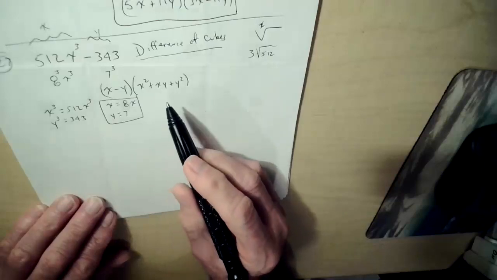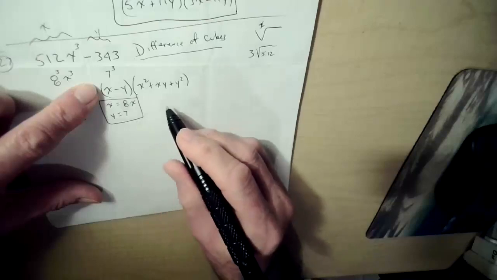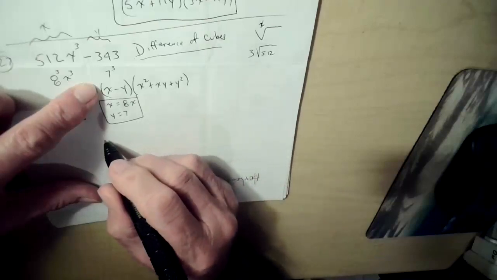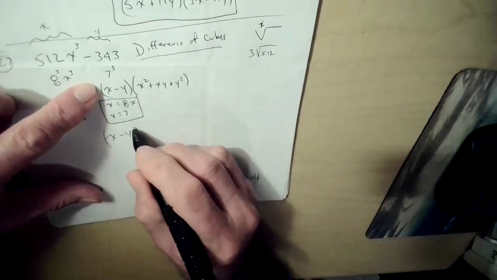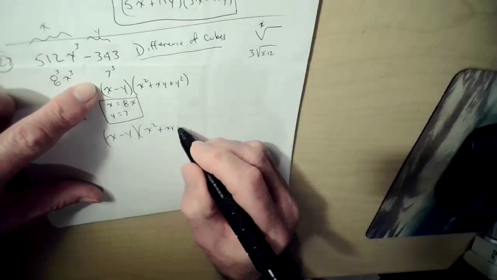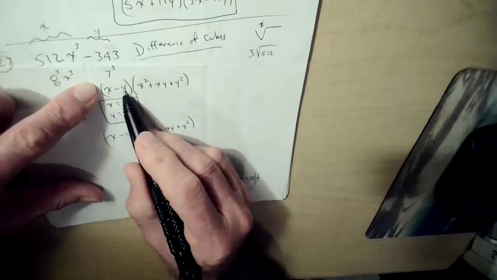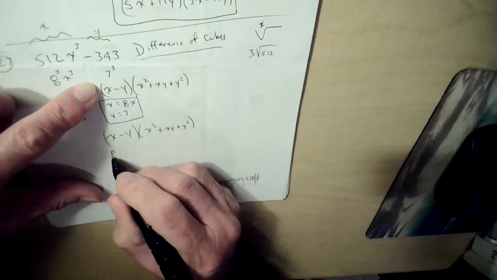I think you'll find this is the easiest way of doing this. Now all we do is plug in the numbers. It's actually very simple. So again, I'm going to rewrite this: x minus y, x squared plus xy plus y squared.